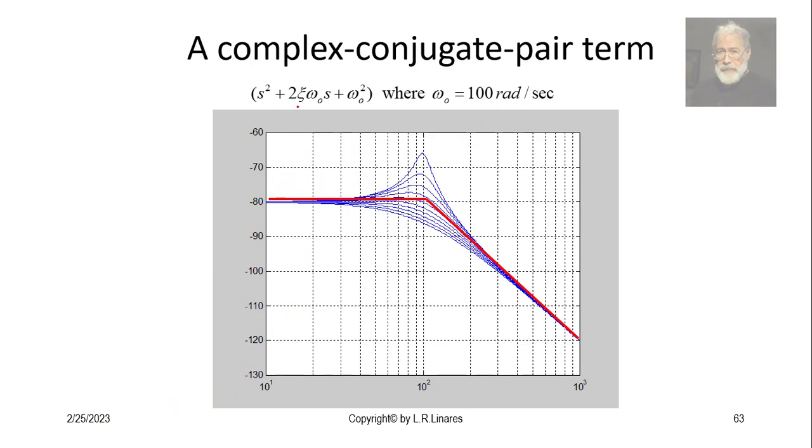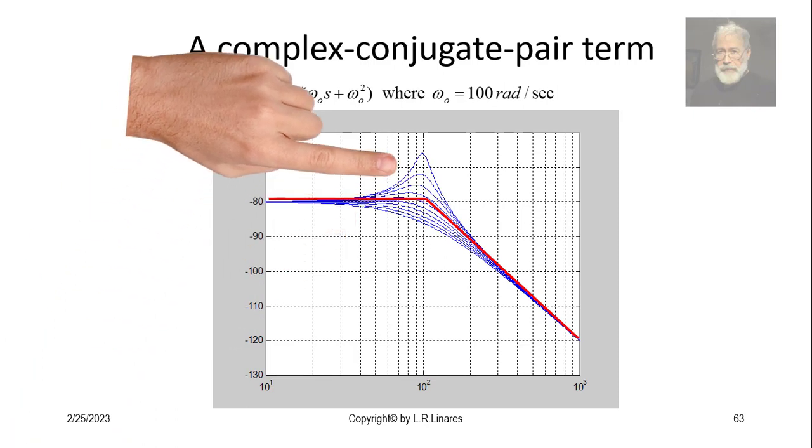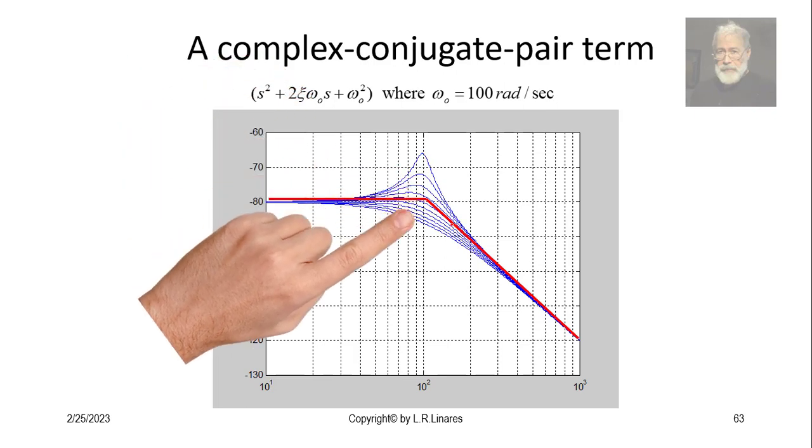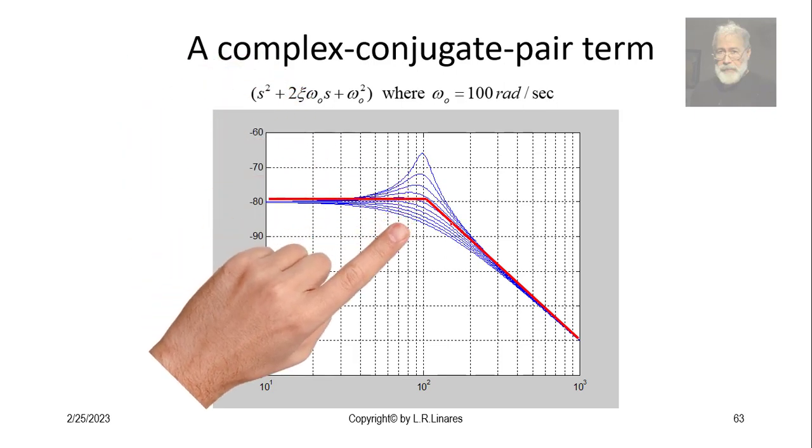But observe, for very small values of the damping factor psi, the actual curve has a big overshoot. But for big values of psi, closer to 1, which is the maximum value of psi, the overshoot is negative.